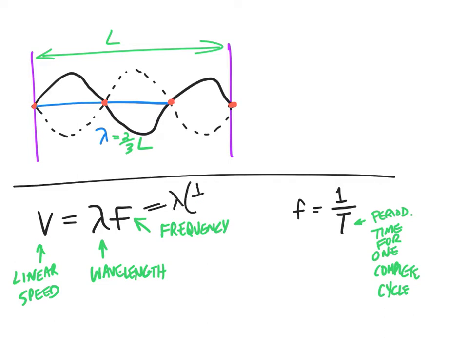This is lambda times 1 over t, which would be lambda over t. So you have a distance over a time. It's just an angular way to express the first zeroth law. Distance over time, it's just that this is a wavelength kind of distance, and it's a particular time, the time for that wavelength to be sorted out.